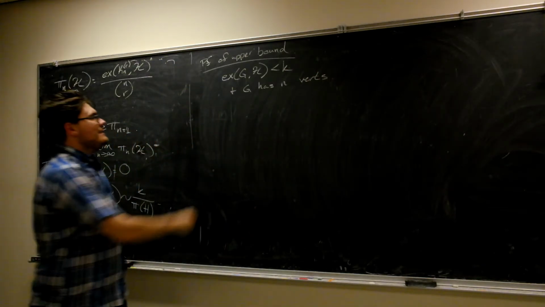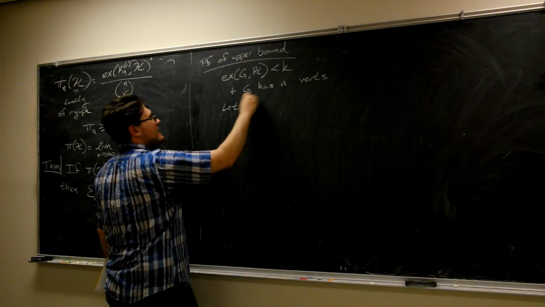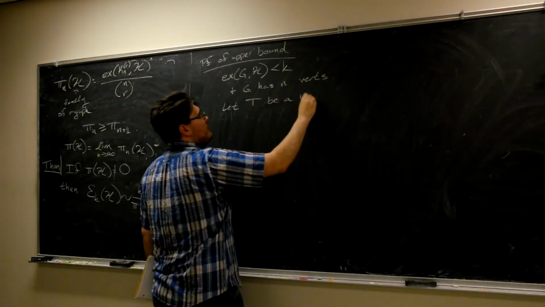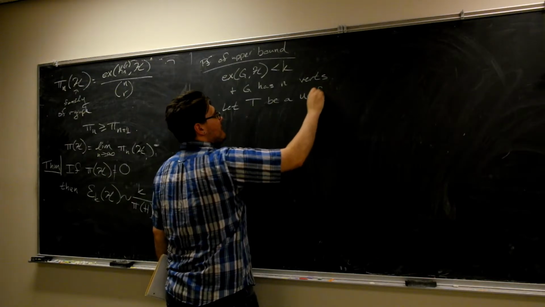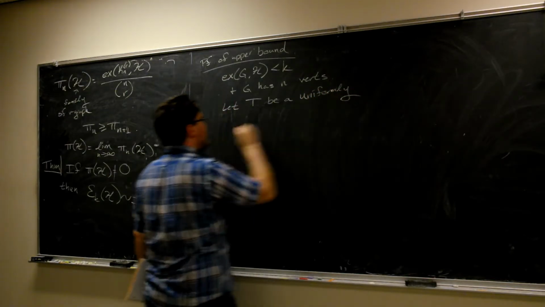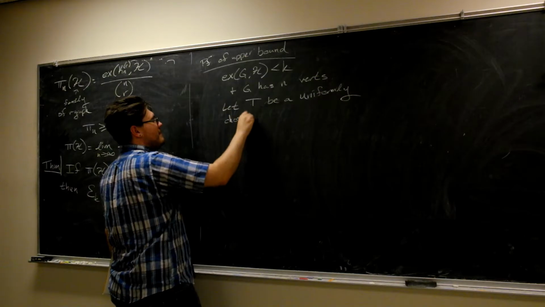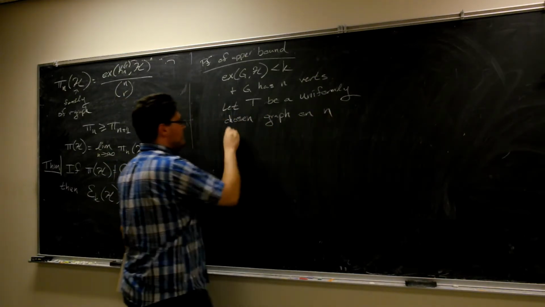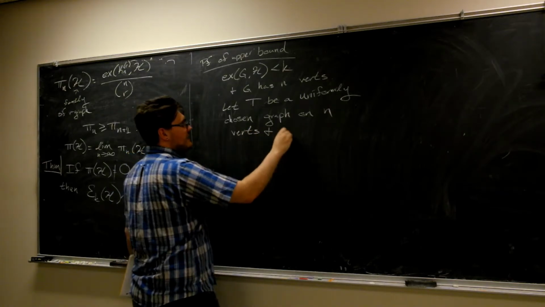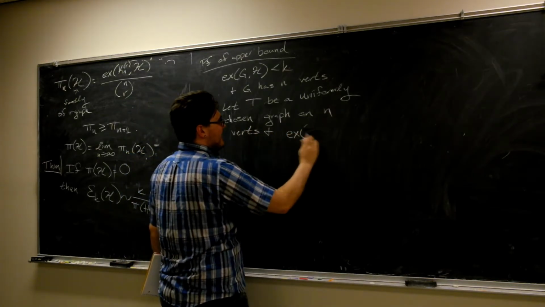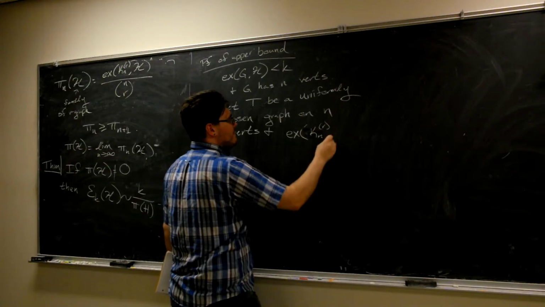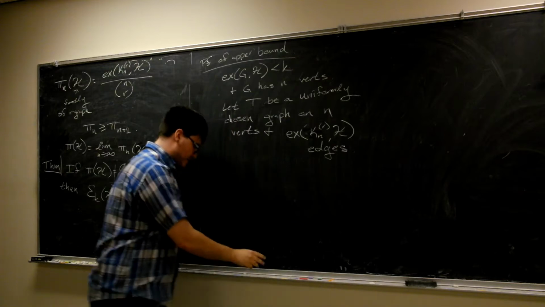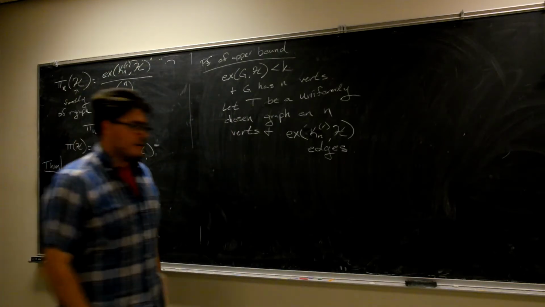Well, let T be a uniformly chosen graph on n vertices and ex of n, r, H edges. So one of these extremal graphs, but I want to just permute the vertices uniformly at random.